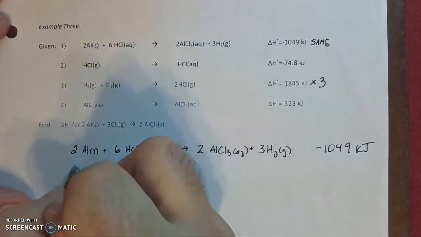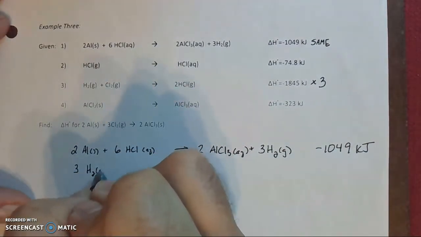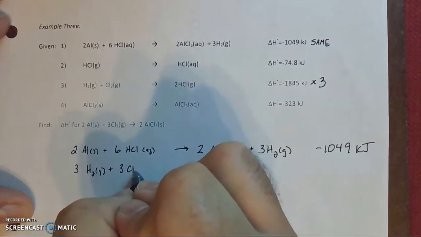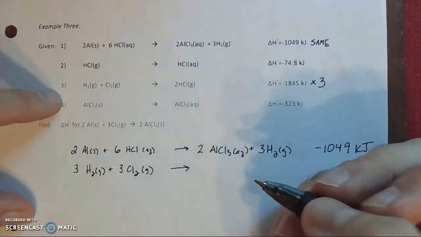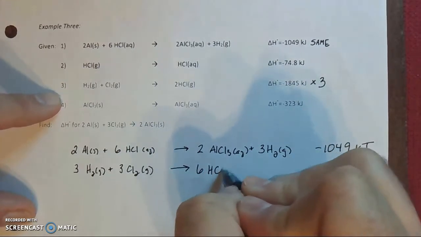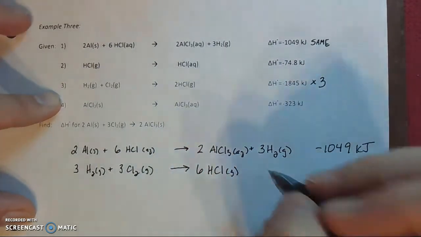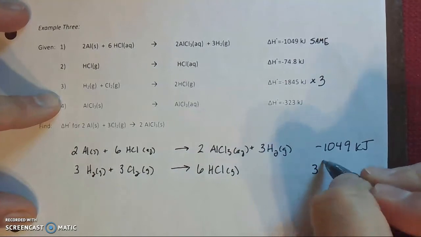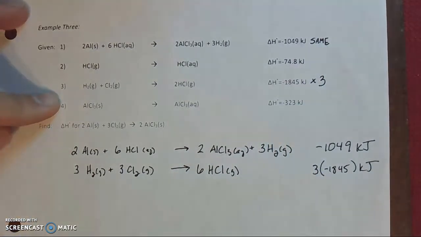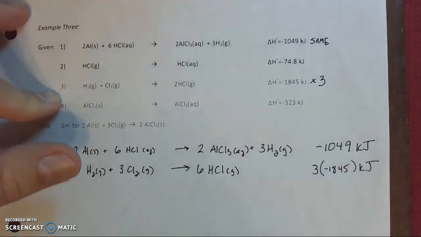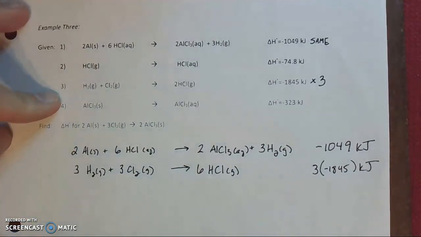And that gives me 3H2 gas plus 3Cl2 gas yields 6HCl gas. So now I have to multiply 3 times my delta H value. Whatever I do to the equation, I do to the delta H.